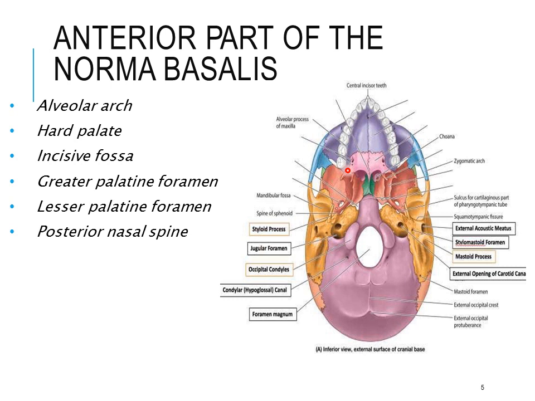Now the part of the alveolar process which contains the incisor teeth. We have two central incisors and two lateral incisor teeth.